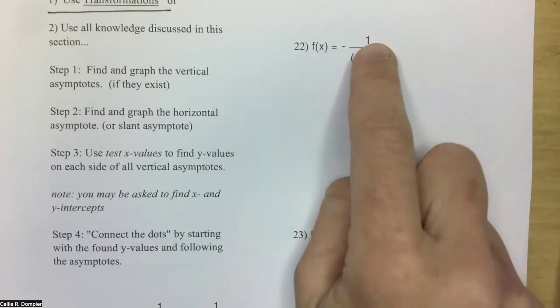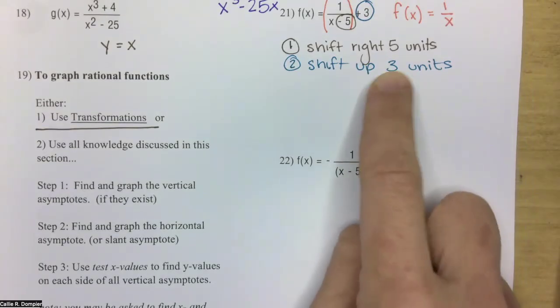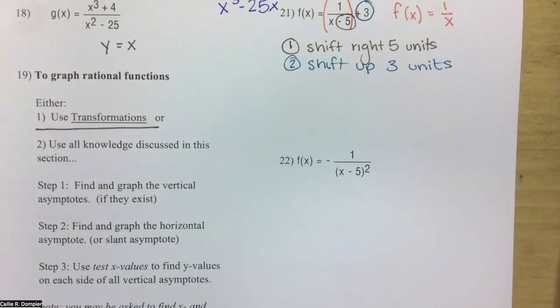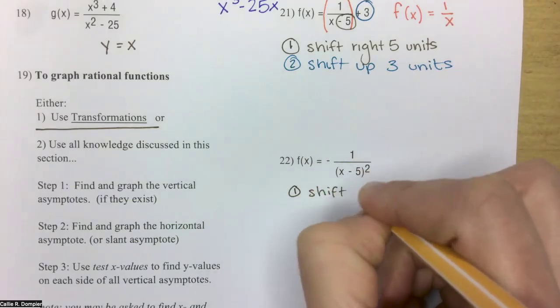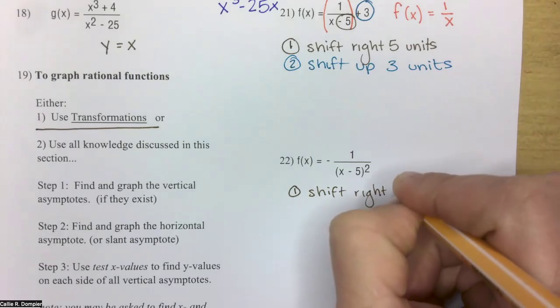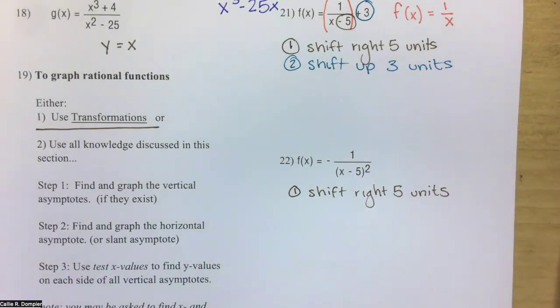What is happening to 1 over x squared? Well, we're going to subtract 5. Subtract 5 means shift right 5 units, right? Let's see if that's true.